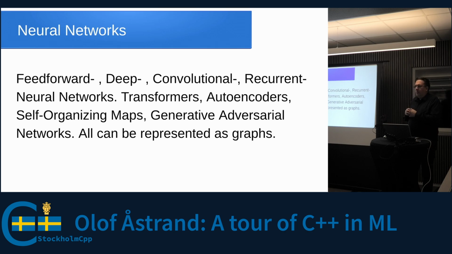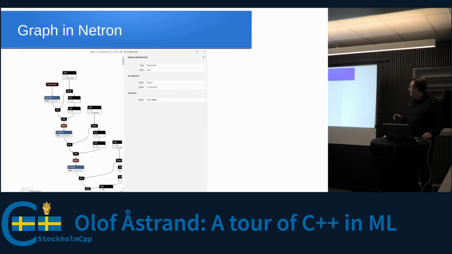It's smaller than the whole machine learning area, but the main thing about neural networks is that you train them, and you can see them as a graph. So if you're running inference, you're executing a graph, basically. You run the tensors through the graph.